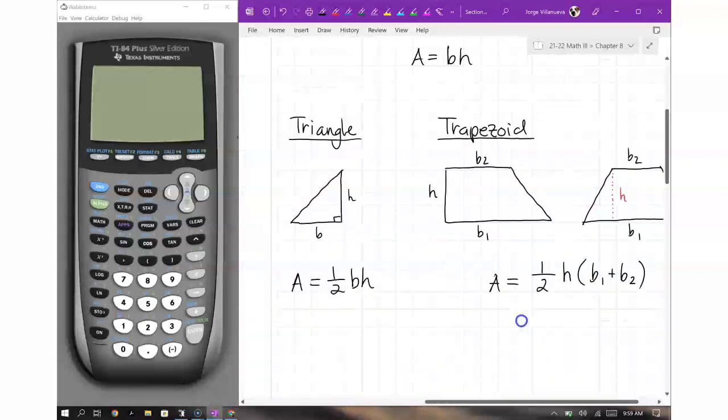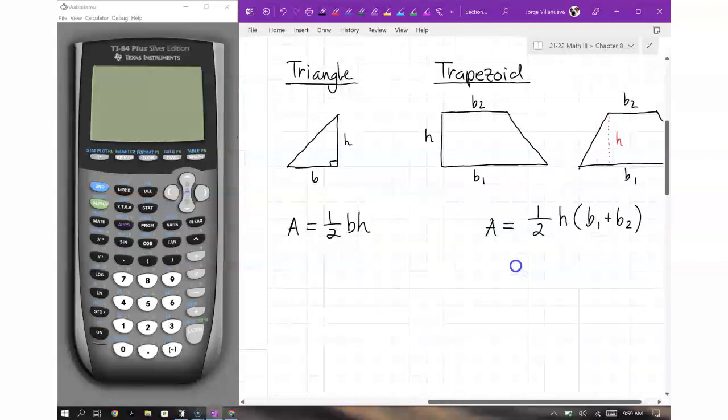By the way, just a real quick FYI, for a triangle, sometimes they'll give you an obtuse triangle, one that looks like this. Okay? If you see one that looks like that, this is still your base. Your height will be given to you out here. So they'll give you the height still, just so you know.